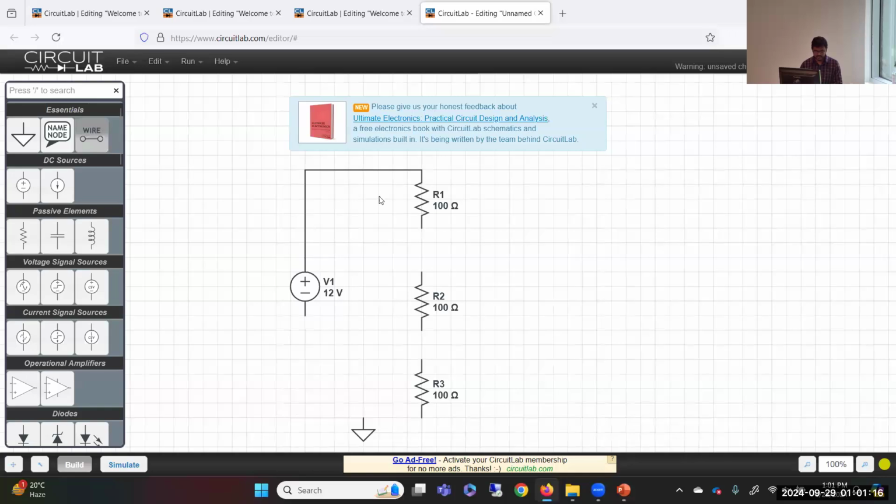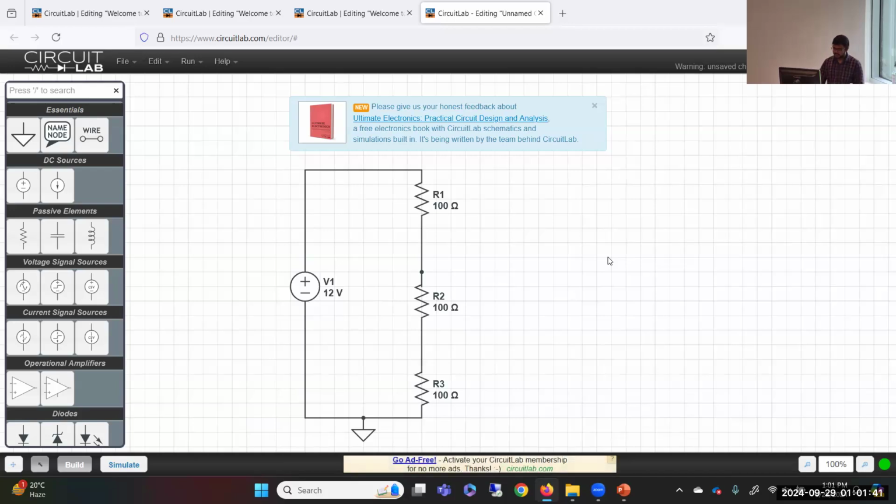Then we need to select the wire again and connect these 2 resistors. Click wire, connect these 2 resistors. Click wire, connect this with the voltage source here. And the ground should be connected to the negative terminal of the voltage, as I mentioned.